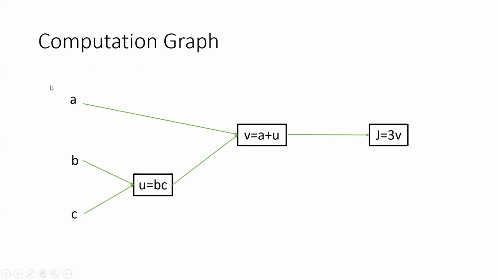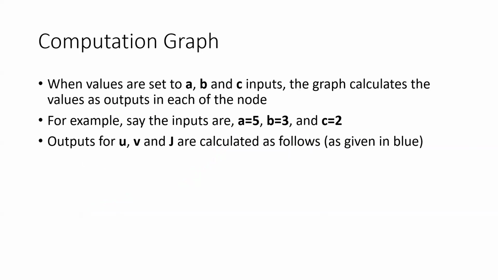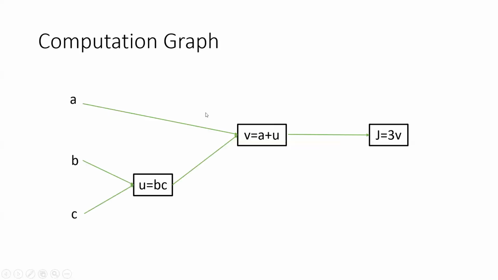So this is what we are going to solve with this computation graph. These a, b, c are the inputs to the graph, and the node values are calculated as outputs in each node. Once you give some values for a, b, and c, you can compute the u value, the v value, and finally the j value using this computation graph.